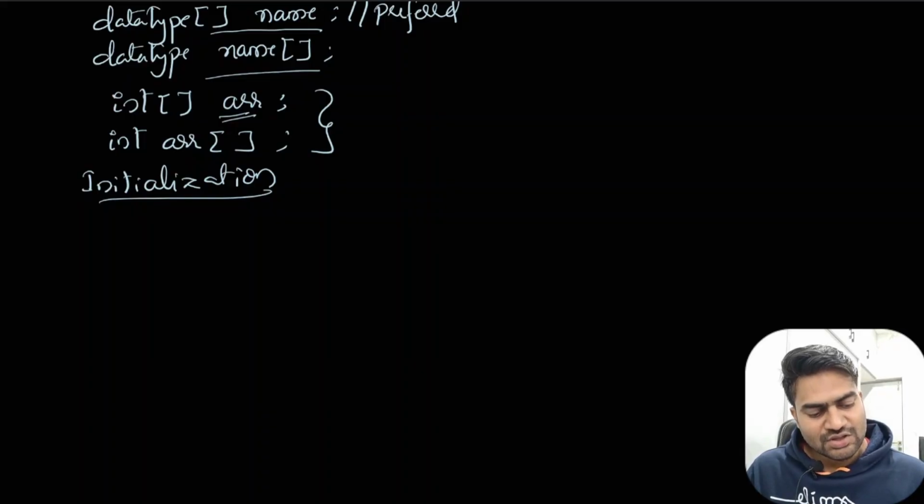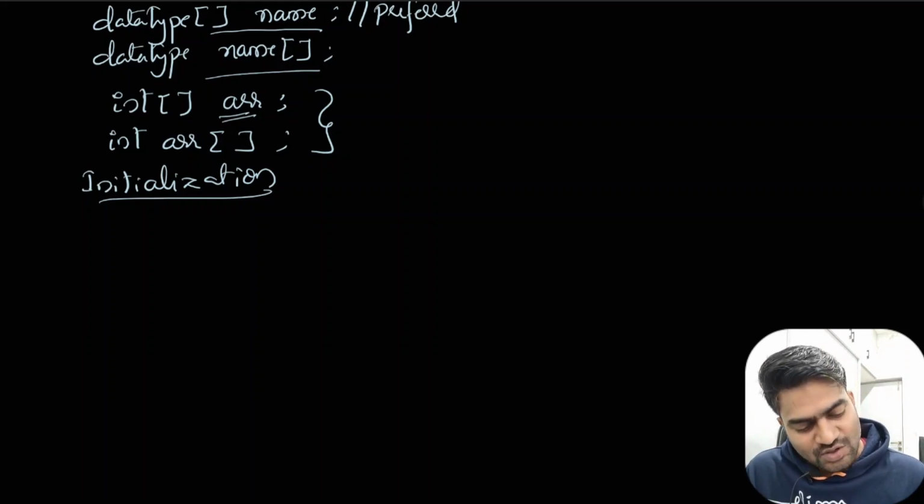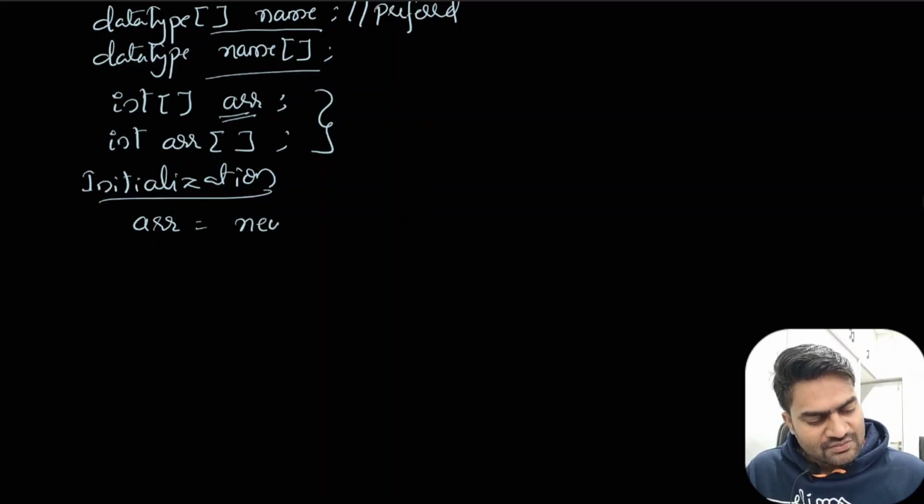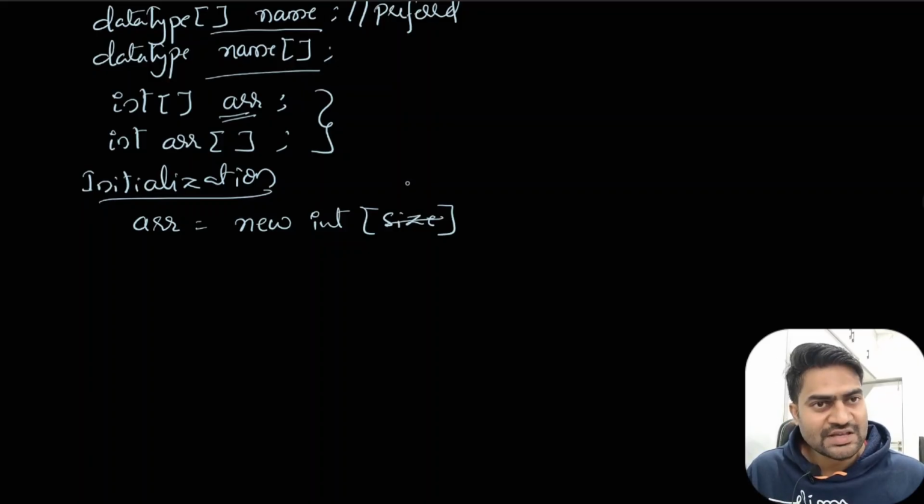Even though they are dynamic, before using those arrays we have to specify the size. So I will say arr equal to new int of some size. This size can be an integer value. Let us assume I use a size of 5 here.